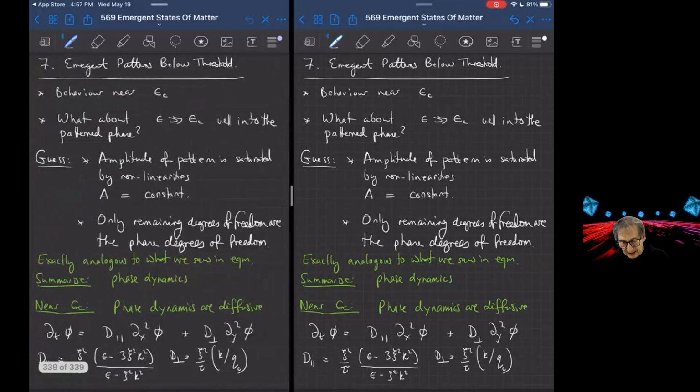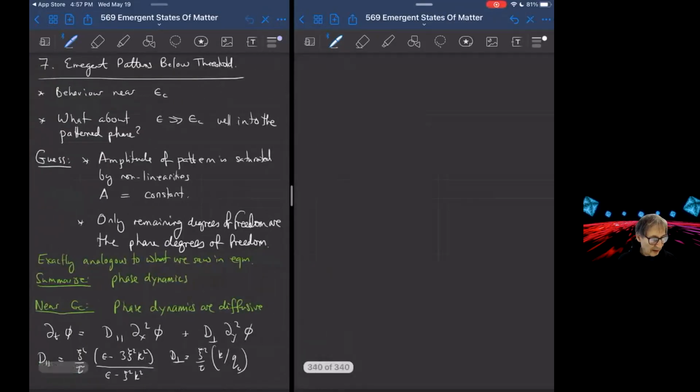The k that we're talking about here is a state which has been perturbed by a wave number k.